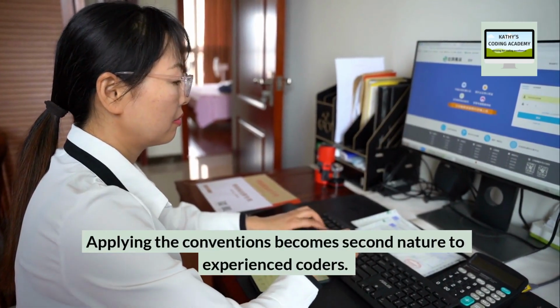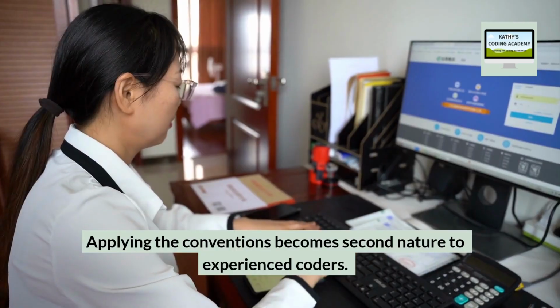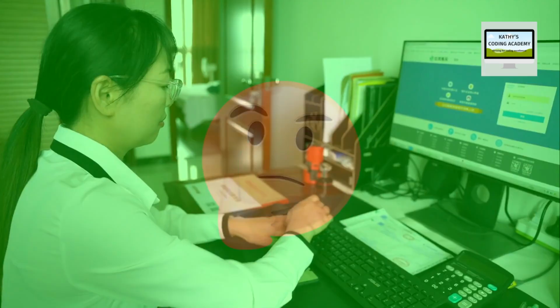Applying the conventions becomes second nature to experienced coders. We scarcely even think about the conventions until we run across something unfamiliar that requires a little deeper look.